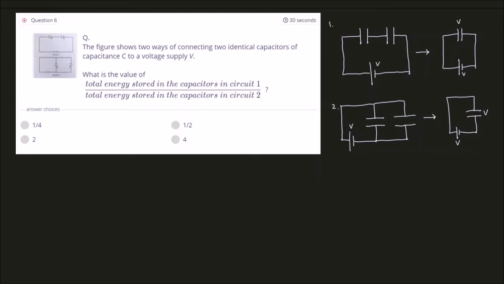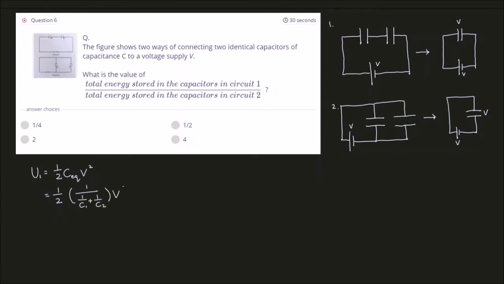So what I can do now is determine the energy in circuit 1, U1, which we can call half C equivalent V squared. I'll write equivalent here just to make things clear, though you can just write C as well. But how do we find the equivalent capacitance for two capacitors connected in series? It is 1 over C1 plus 1 over C2.